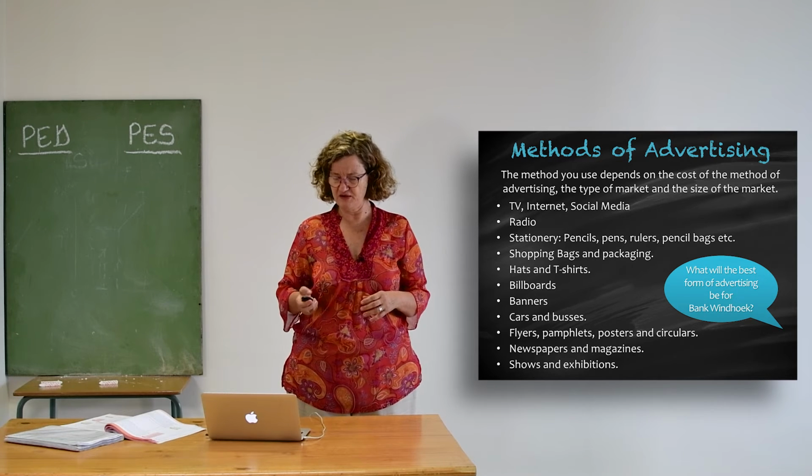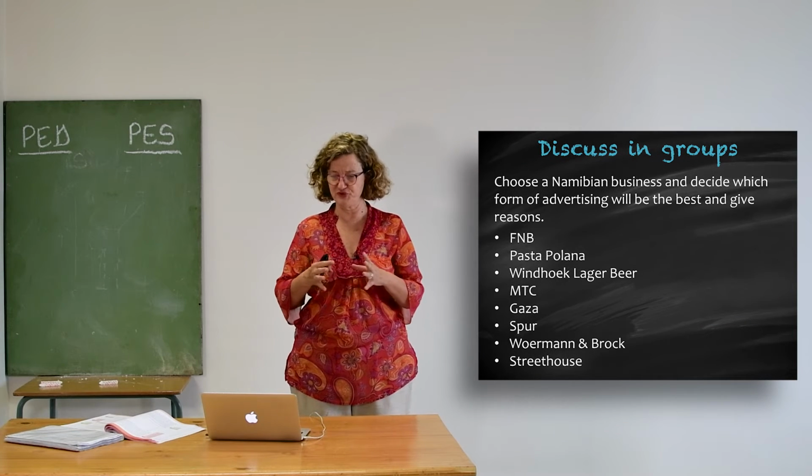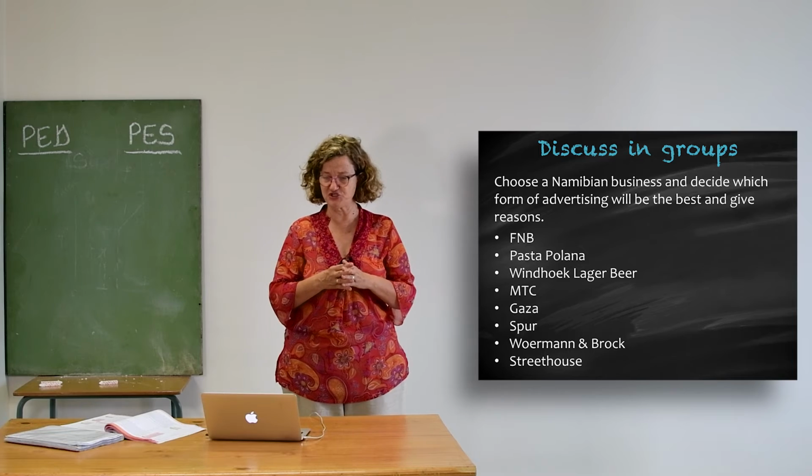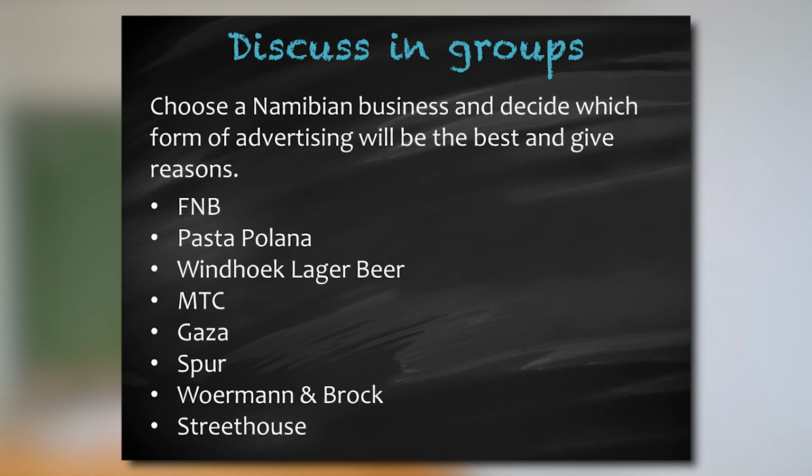Okay, and then I have here group work for you. They say you must choose a Namibian business and decide which form of advertising will be the best and give your reasons.